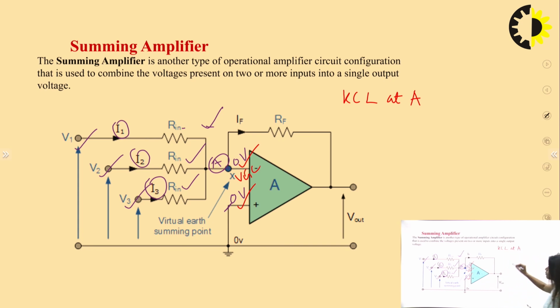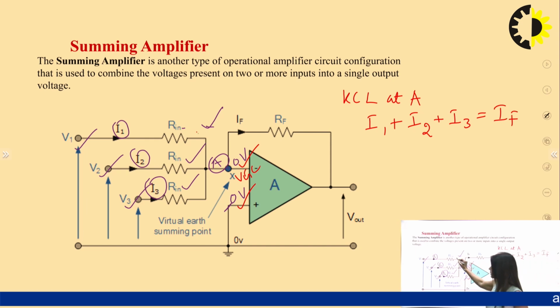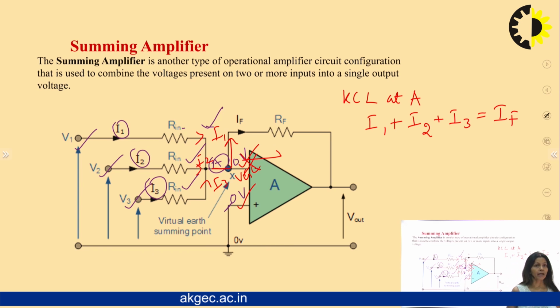Now I1 plus I2 plus I3 is equal to IF. All the currents are going through the feedback path. There is no current going inside the op-amp, and hence we are applying Kirchhoff's current law here.